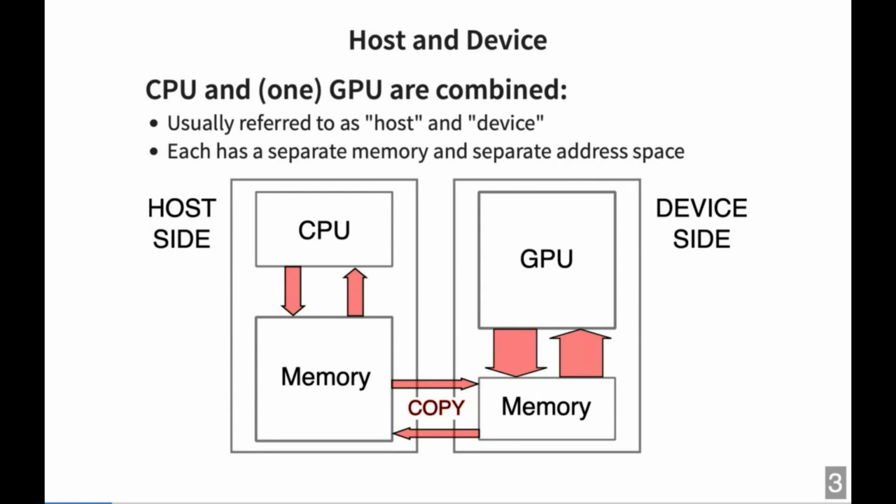And the arrows between the CPU and CPU memory are supposed to represent that we have a modest maximum memory bandwidth available. In contrast, for the GPU, the amount of GPU memory is typically relatively small compared with the CPU.